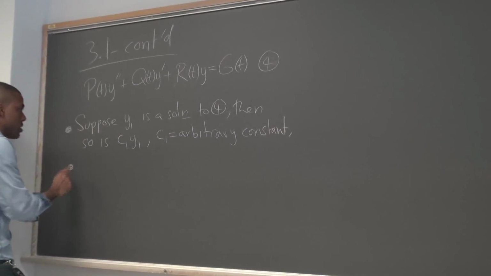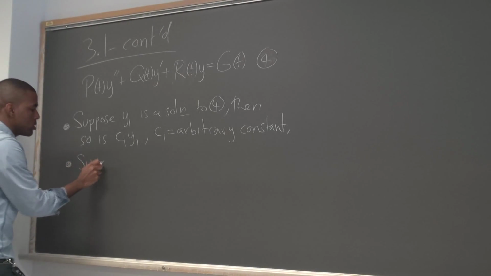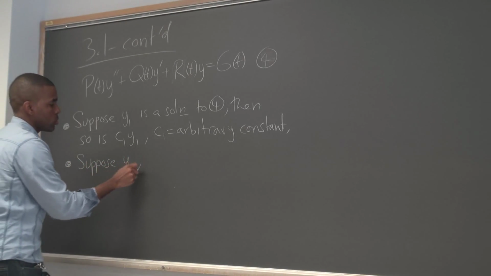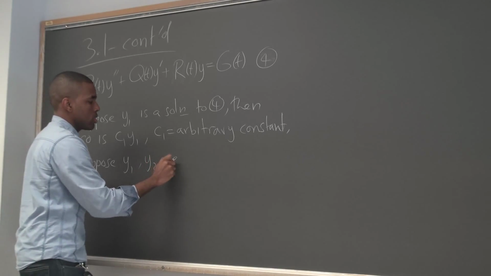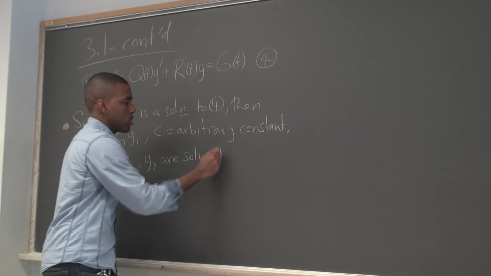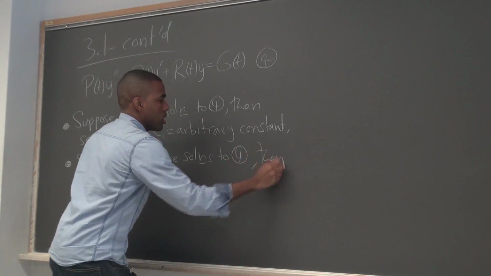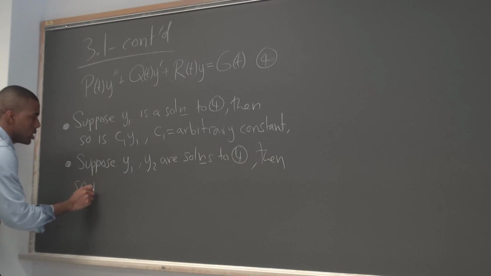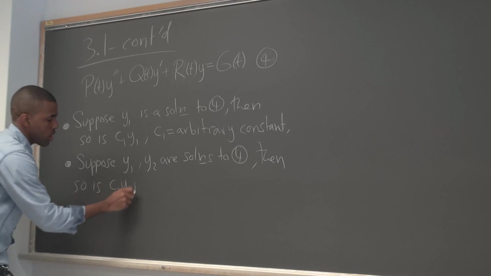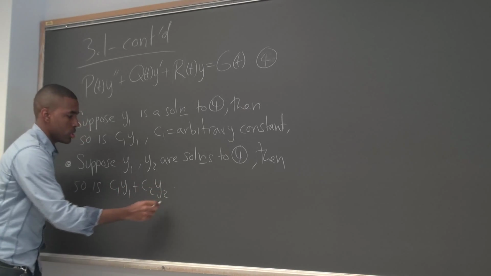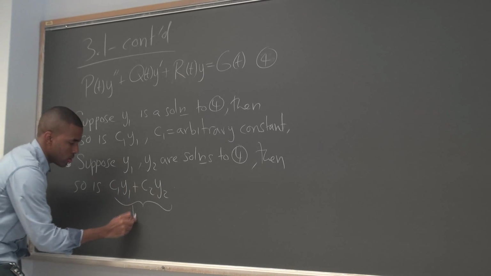There's also another fact. Suppose we have two solutions, y1 and y2, to 4. Then so is their linear combination, C1 y1 plus C2 y2. This is called a linear combination.